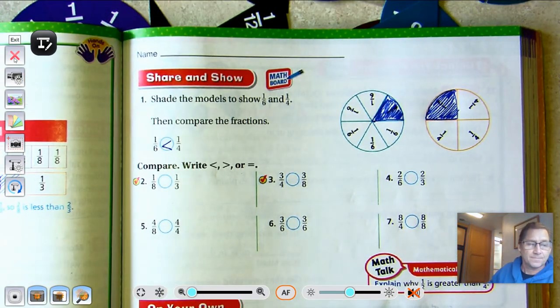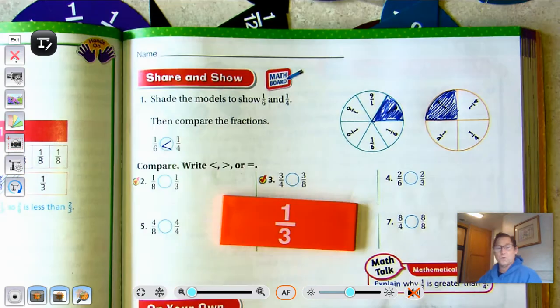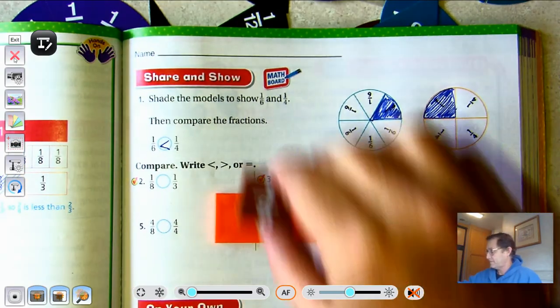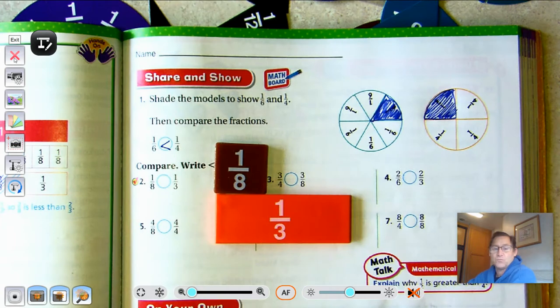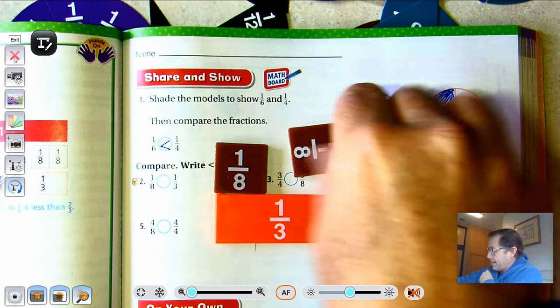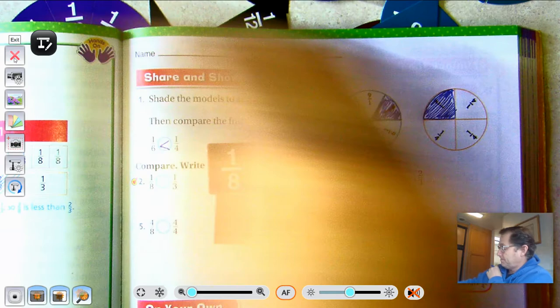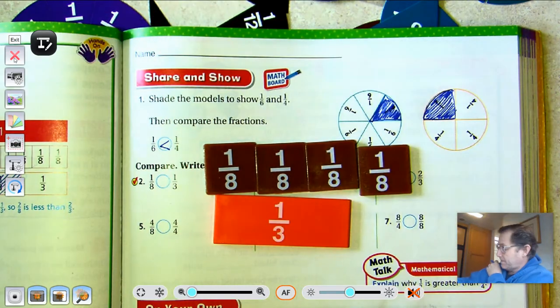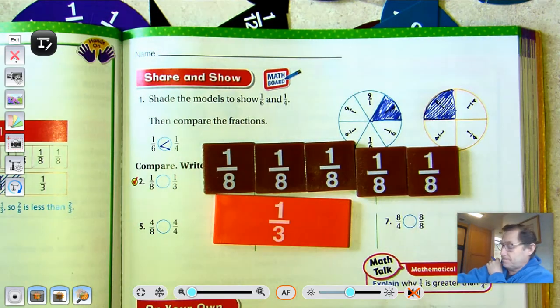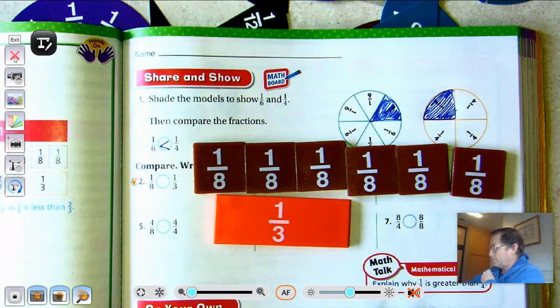Well, let's look at our fraction strips for that. So that's 1/3, and that's the size, that's 1/8. So it takes 8 1/8 pieces to equal a whole.